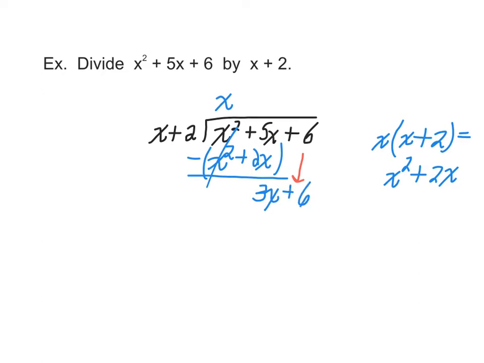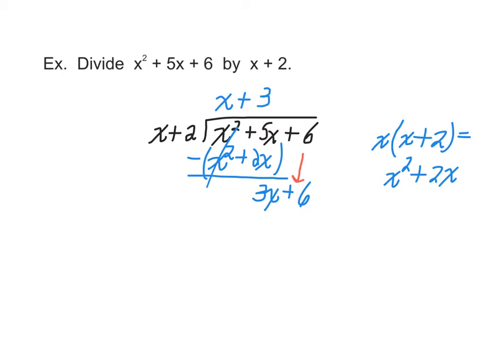I want to repeat this exact same process. I'm trying to think about here with this x plus 2, what can I multiply this x plus 2 by to get as close as possible to 3x plus 6? Well, in this problem, it would be 3.